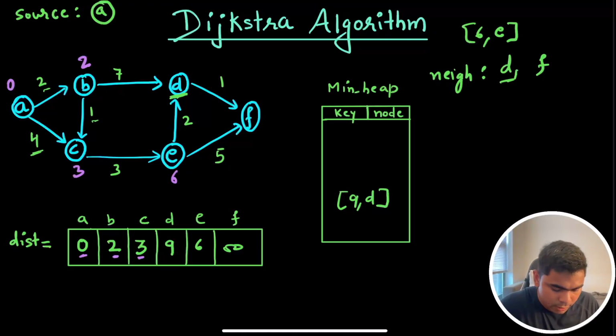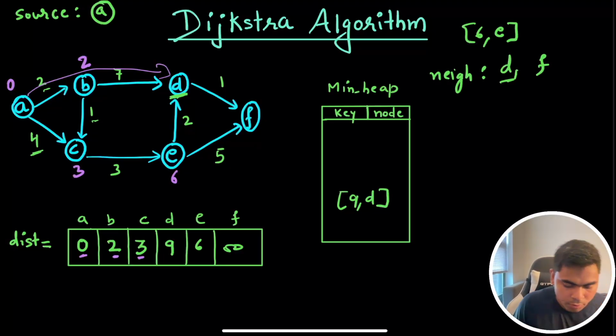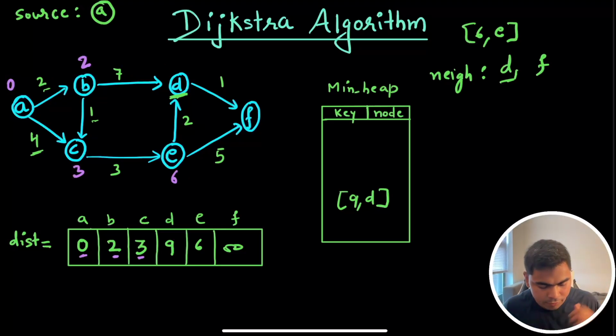Because right now we are visiting E, but D is already visited through B. So we have already visited it, but then there is another indirect visit to it from A, C, E, and D. So the distance to reach D through E and C is going to be 3 plus 6 plus 2, which is 9. 9 plus 2 is 11.